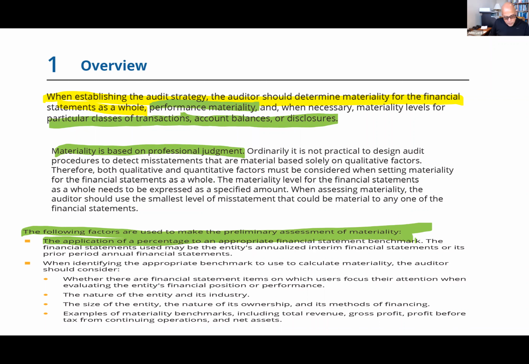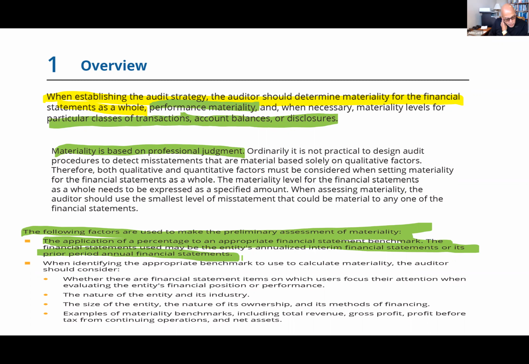Okay, and they tell us that the financial statements may be used by the entity's annualized interim financial statements or its prior period annual statements. So we're going to look at line items, maybe annualizing interim statements. Interim statements would be, say, every quarter, or maybe looking at last year's statements and then applying that percentage appropriately to come up with our materiality levels.